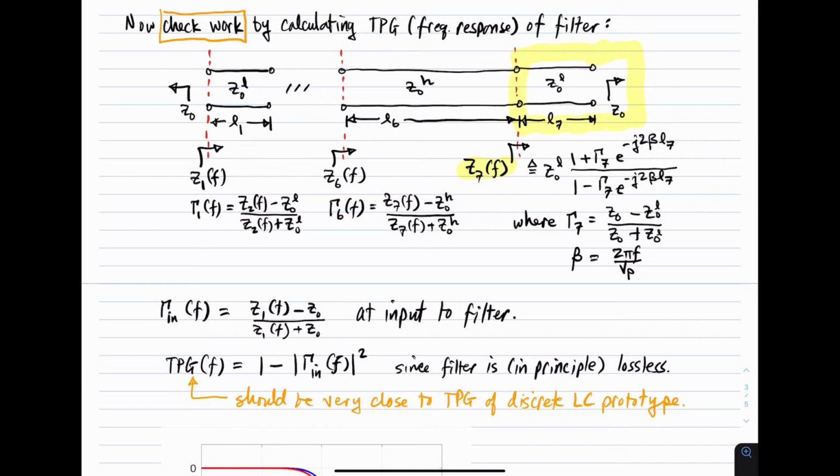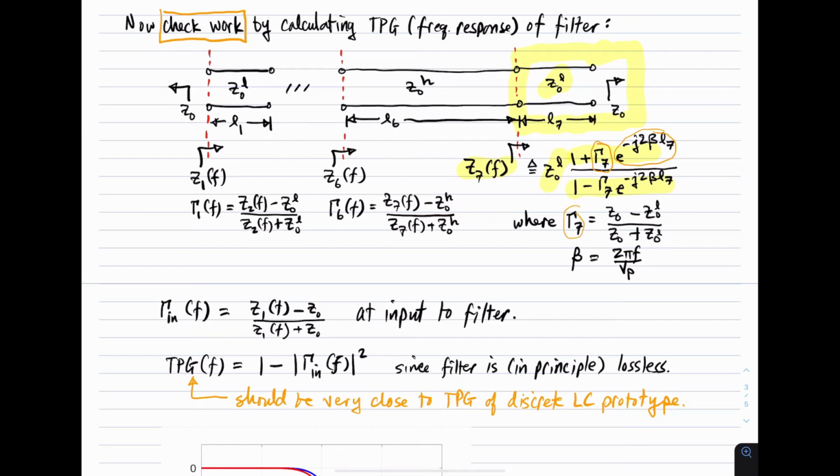This is simply a transmission line terminated into some impedance. That expression is very simple. It's simply the characteristic impedance of that section of transmission line, and then this kind of goofy expression where you have this constant, which I'm calling gamma sub 7, and this thing which describes the phase of the standing wave on the transmission line. This is quite simple to compute.